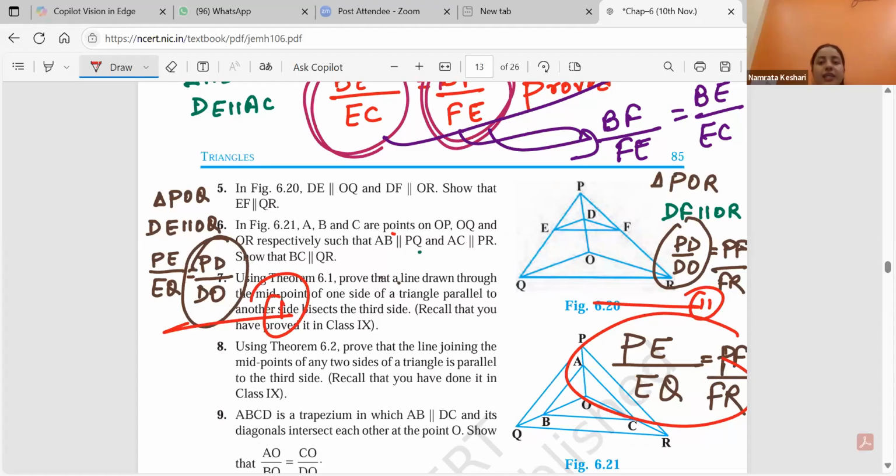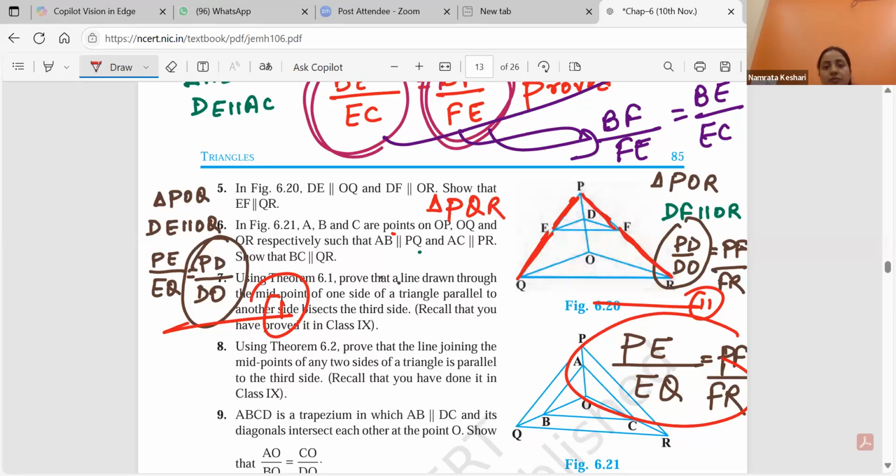Here it says that PE by EQ, we got PE by EQ is equal to PF by FR. Then just from here, can I say that we can talk about the complete triangle PQR?